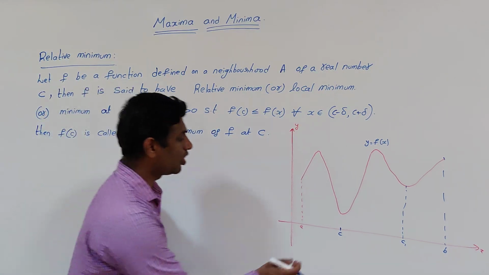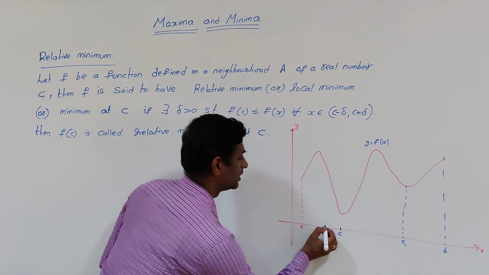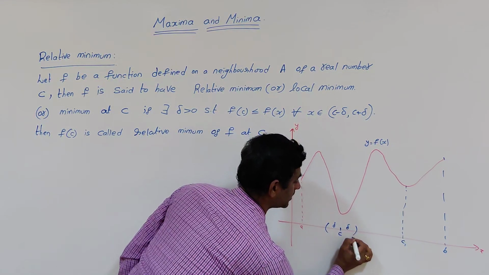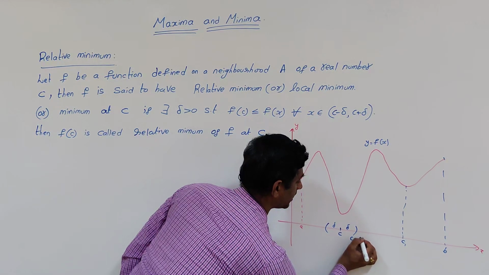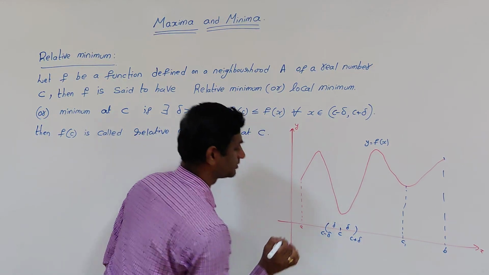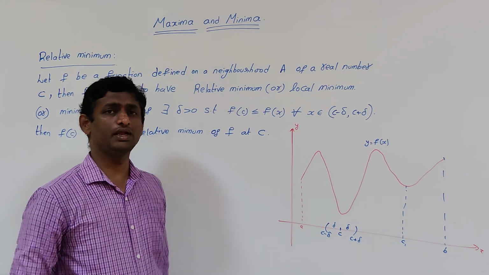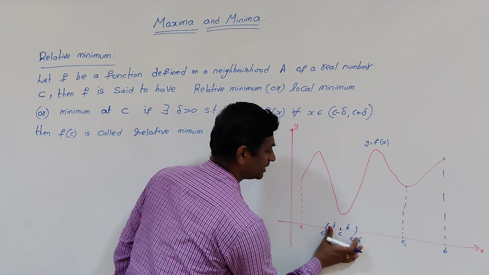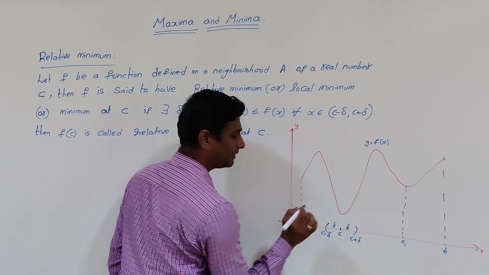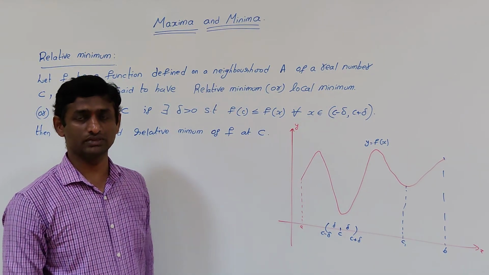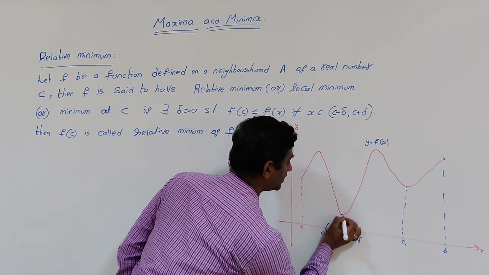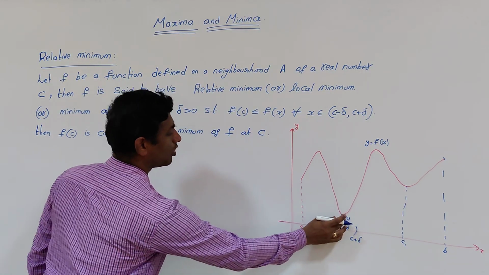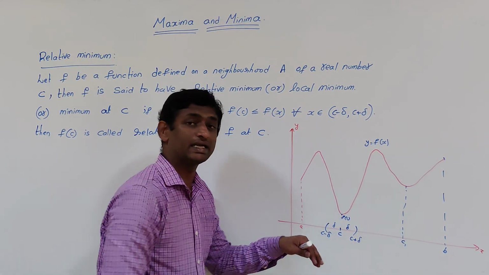If you take a small neighborhood of C with delta distance, then this will be C plus delta and C minus delta. If you consider this small interval around C, then the outputs will be greater than f of C. This is the point f of C, so all the values should be greater than f of C.